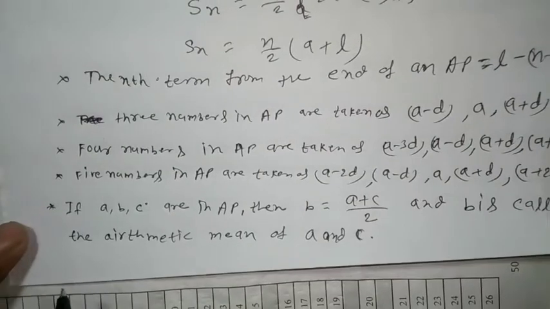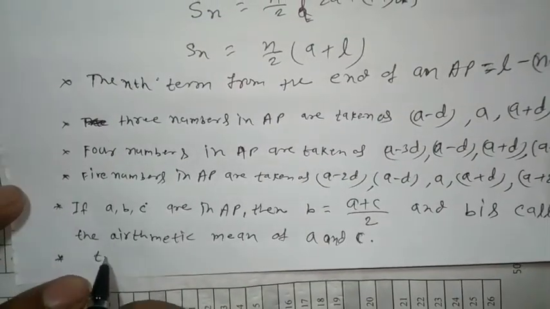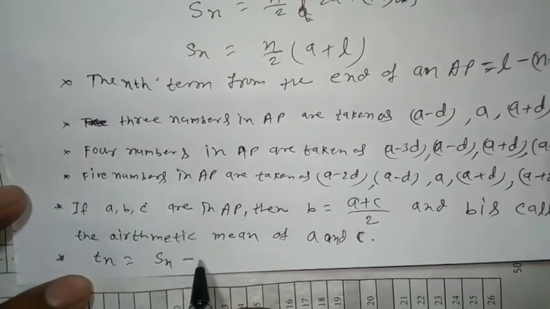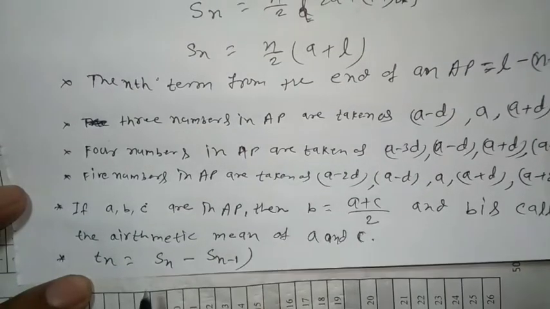Now come to exercise 5.1. One thing also remember, Tn is equal to Sn minus Sn minus 1.